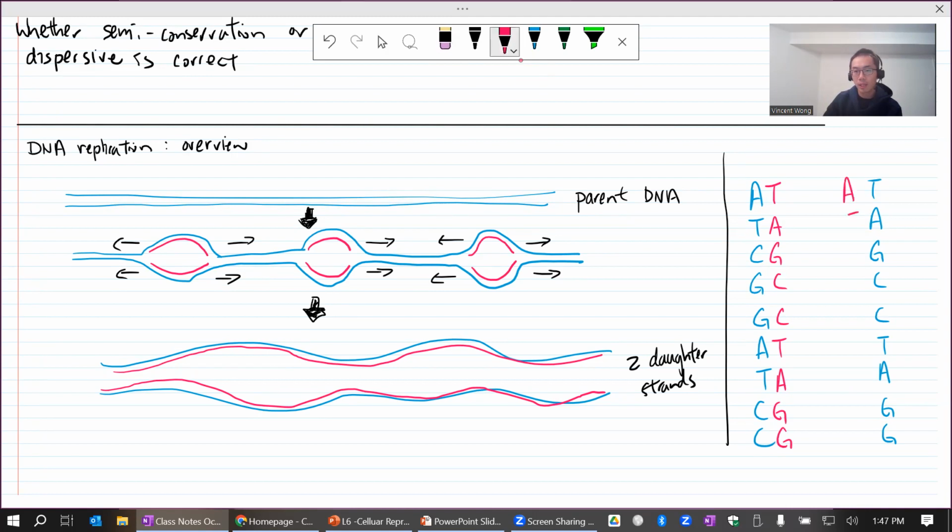It's gonna build the complementary strand. So in the end, you have two strands. And because we follow the semi-conservative model, half strand will be original material, half strand would be new material. And then they look exactly the same in terms of the information that it contains.